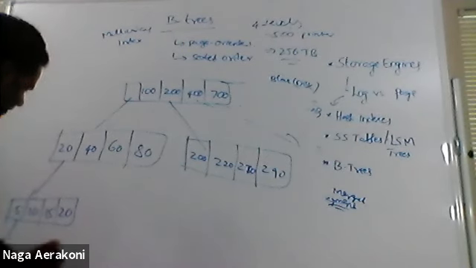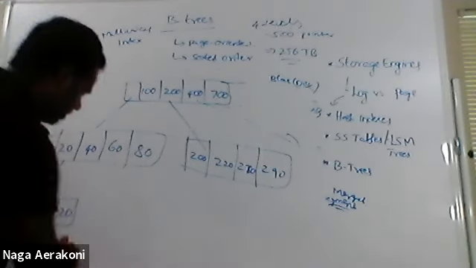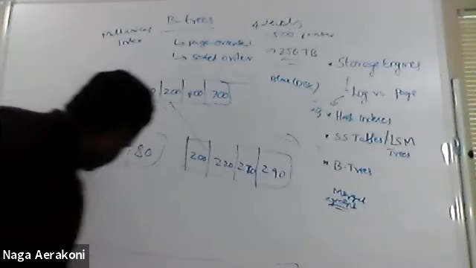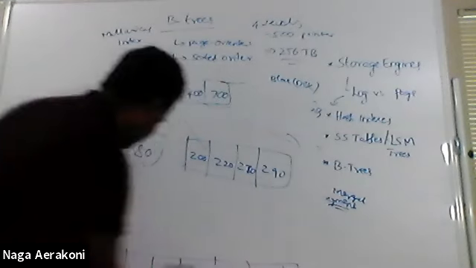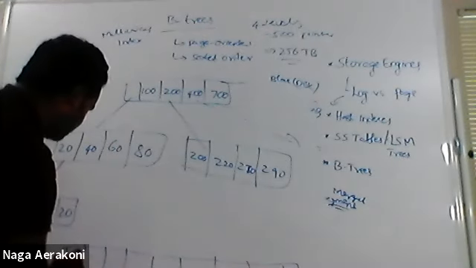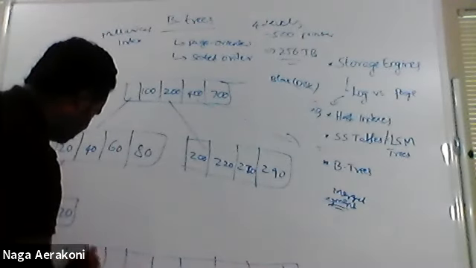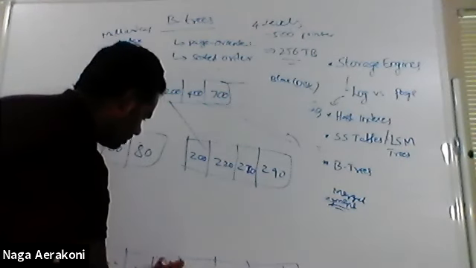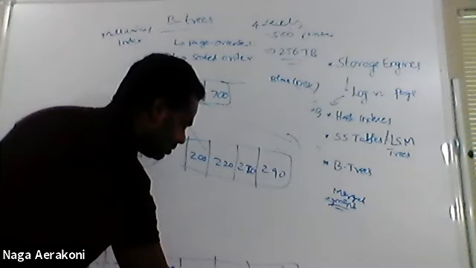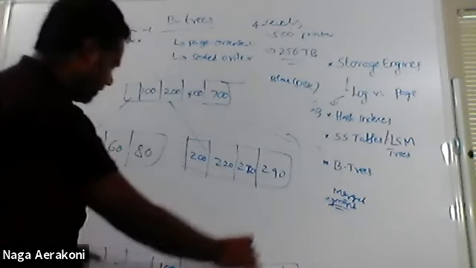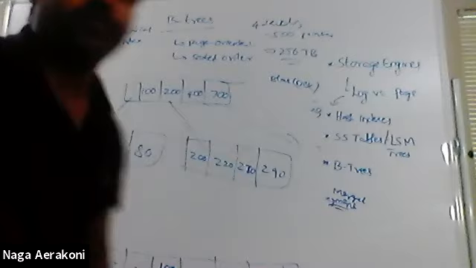So we'll have the leaves at the end. The leaf records will be at the end. And all of these will have sequential values, like 50, 100, 200, 800. I'm not able to represent it correctly, but let's see.